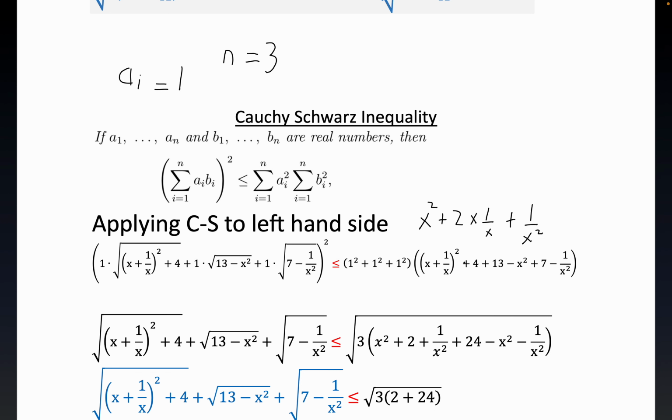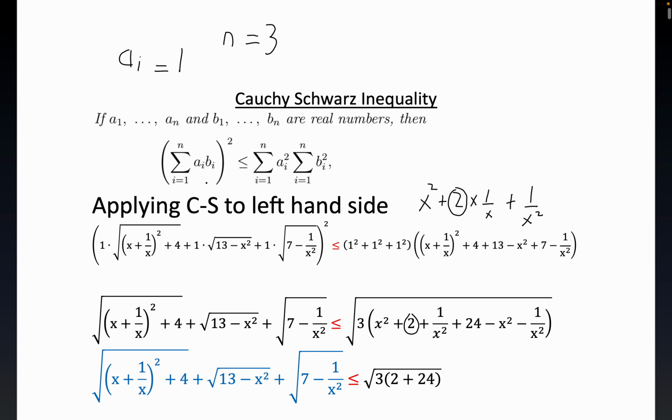That's just expanding this piece out. See, the x's cancel, and then you have the 2 that you see right here. Of course, I summed up the 3's. There's a square root now because we took the square roots of both sides.